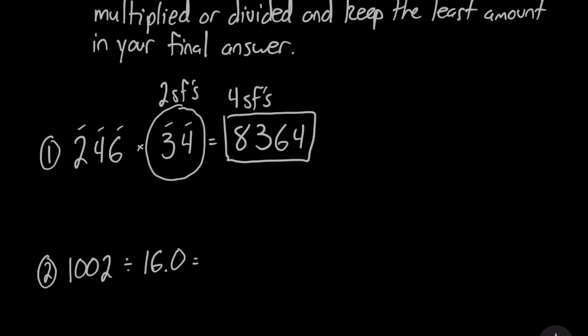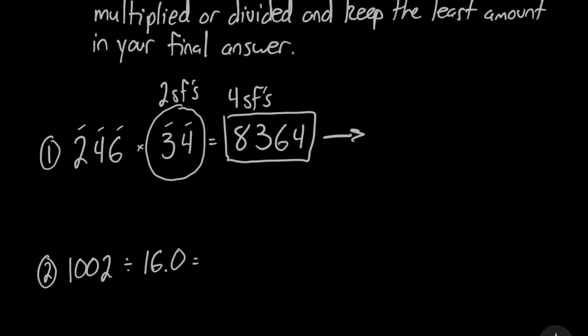So we must round 8,364 to 2 significant figures to make that correct. If you know how to round, go ahead and round this down to 2 sigfigs. If you don't quite know how to round yet, head back and watch my video on rounding.